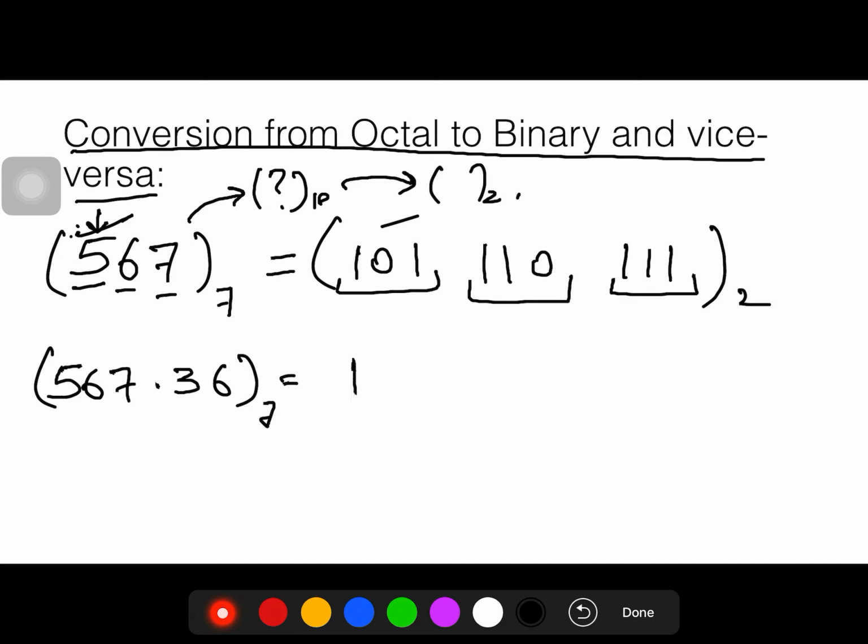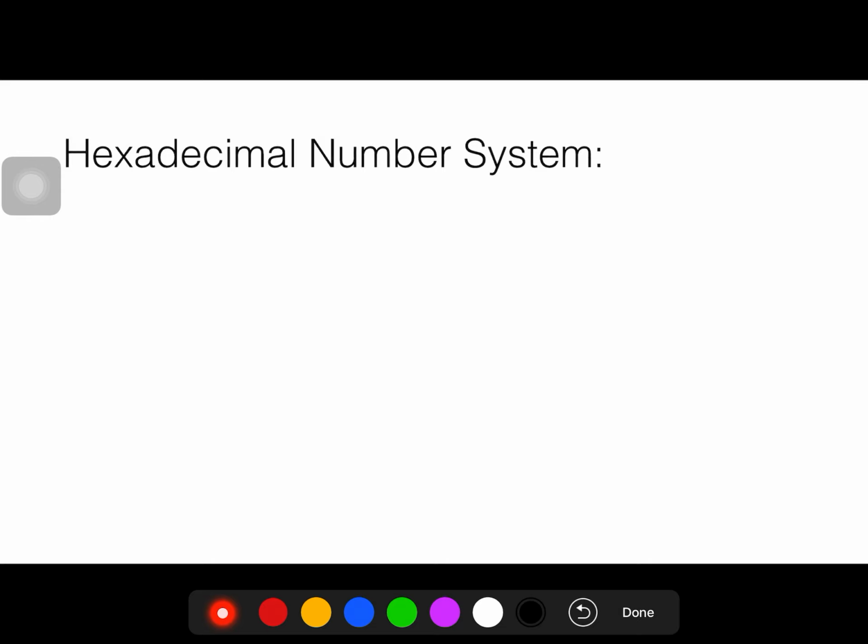What we will do is write 101 110 111 . 011 110. This is how we convert.